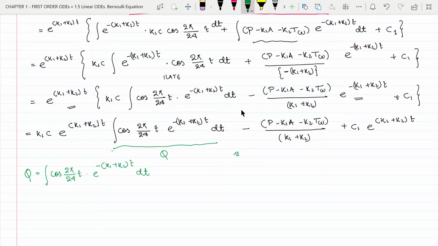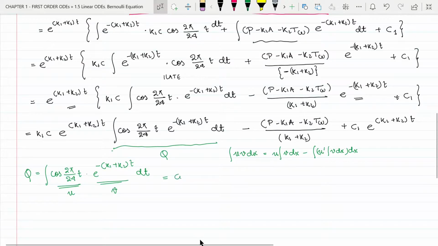We know that integration of uv dx equal to u integration of v dx minus integration of u dash integration v dx. This is the formula for integration by parts. And here let us take this trigonometric function as u and this exponential function as v and find the value of q by using integration by parts method.